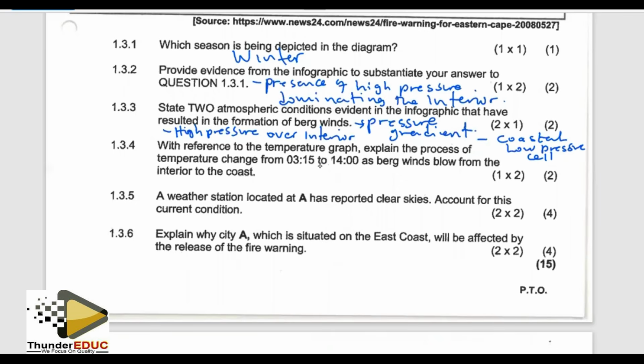Let's go check city A. So city A here, which could be Durban for our case. So this is Durban here at A. Why are they going to issue fire warnings at city A? That is what the question wants us to talk about.